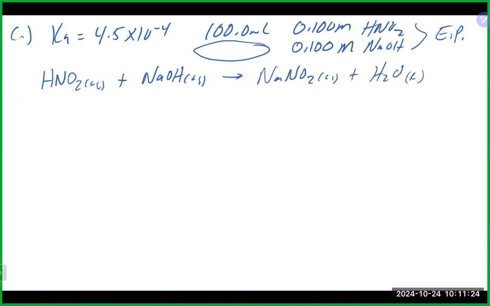And once again, we want to do this in moles. So we definitely know we have 0.1 times 0.1 gives us 0.01 moles. Now, to get the moles of this guy, I do know I'm at the equivalence point, which means the number should be the same.